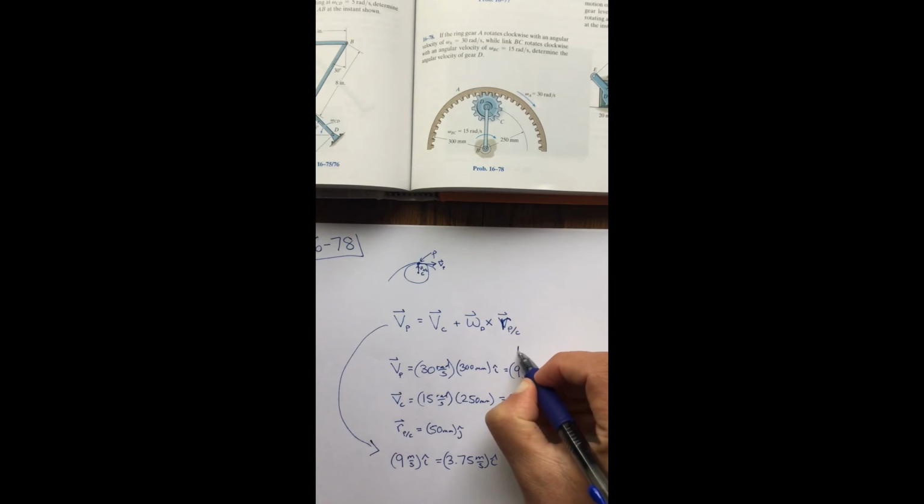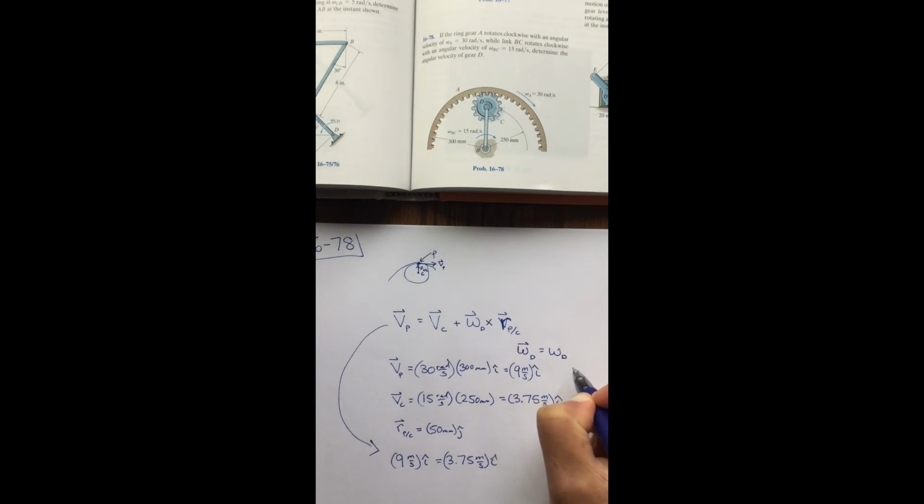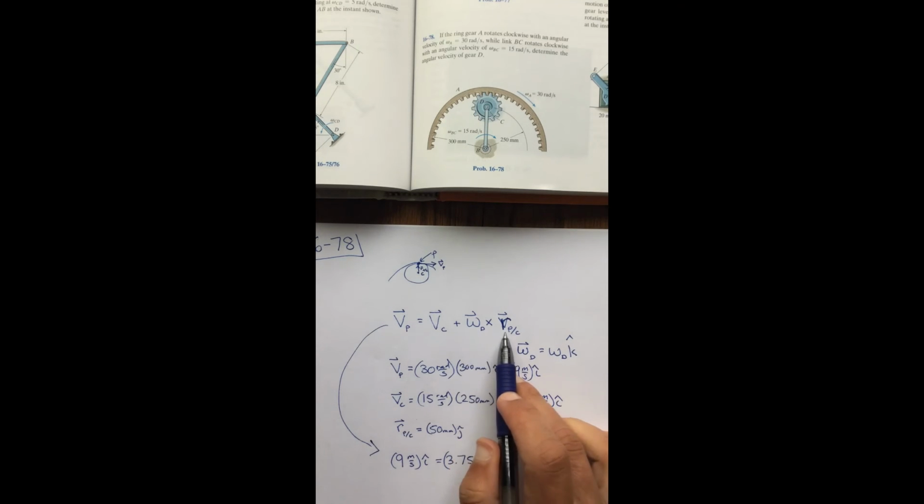So let's just say omega D is the z component in the k hat direction, and this component can be positive or negative. When I do the cross product, it is the angular velocity crossed with the position vector, which is in the j hat direction. So let's just do this down here.